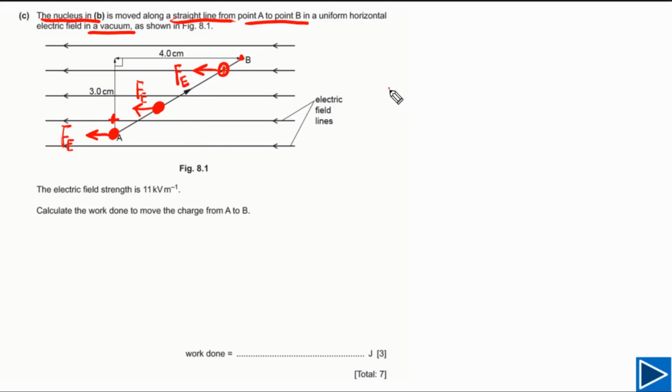Now if we need to find the work done by electric force, that will be simply equal to electric force times the distance moved in the direction of force. In this case, electric force, we can find, will be equal to EQ times D. And D is a very important thing we need to understand.